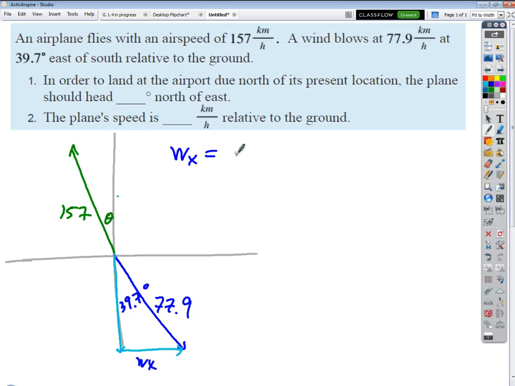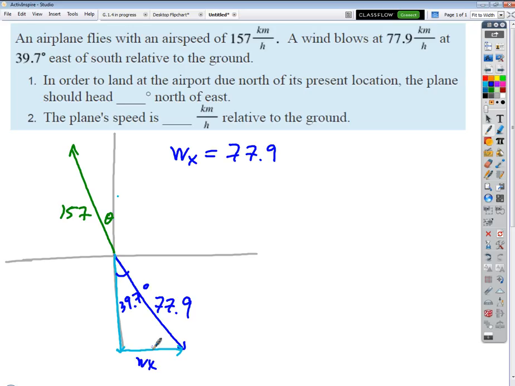Okay, stop writing for a second. If I want to find a component, I'm always going to multiply the overall magnitude by either sine or cosine, right? Here's the angle, and this is the component we're talking about. So is it the opposite or the adjacent?